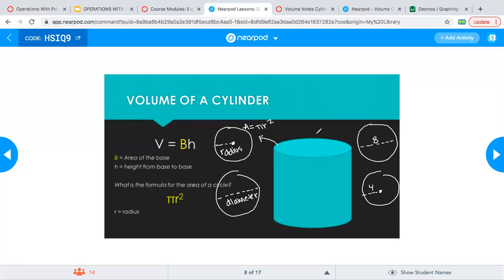So to find the area of a circle is pi r squared. So for instance, if the radius here is 4, it would just be pi 4 squared. To find the area of the base. So for capital B, the area of the base, it would be pi 4 squared for this example.